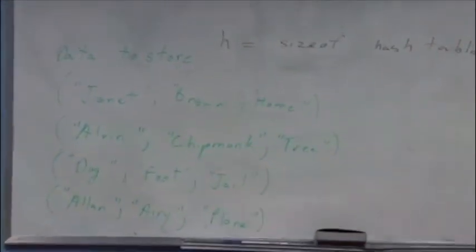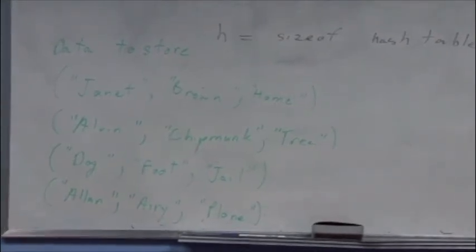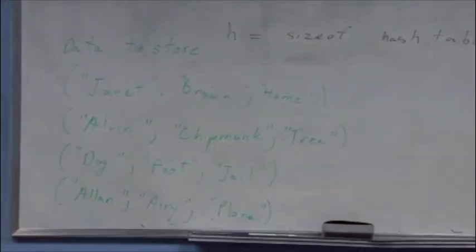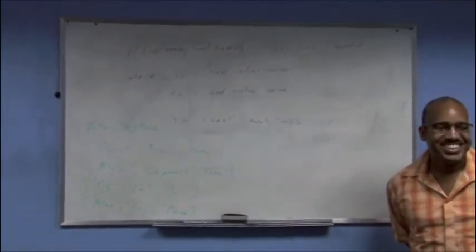So, we're first asked to draw a diagram that would show how this data will be represented using the closed address hashing strategy. How do we start? You're lost. Okay, where did you get lost?